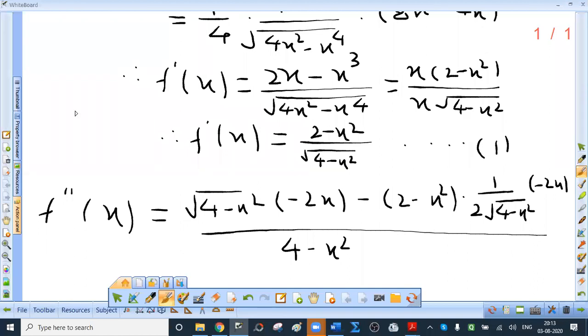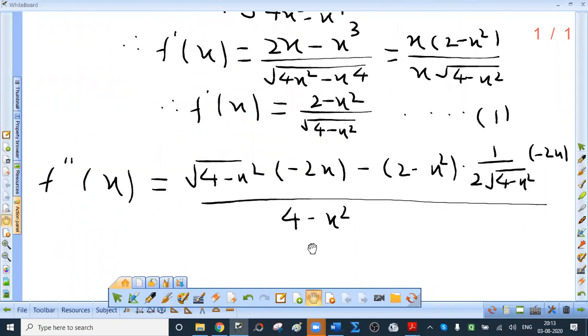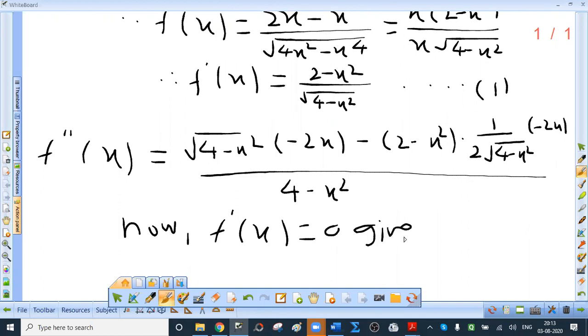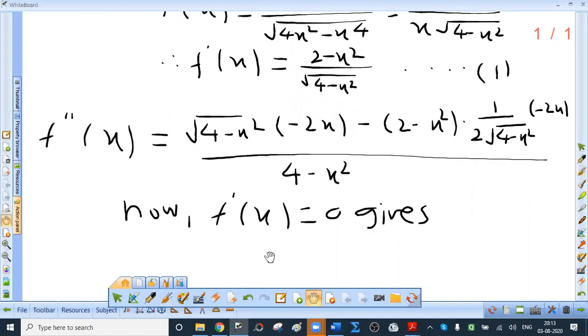So this is f double dash of x. We obtained that using quotient rule. Now f dash of x equal to 0 gives (2 minus x square) upon root of 4 minus x square equal to 0.